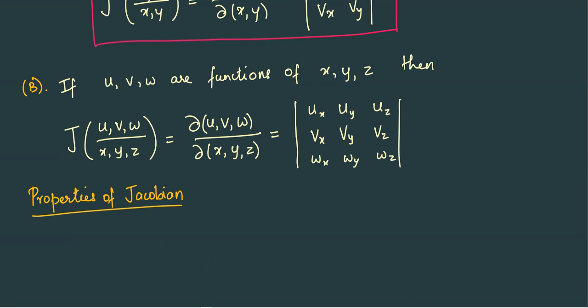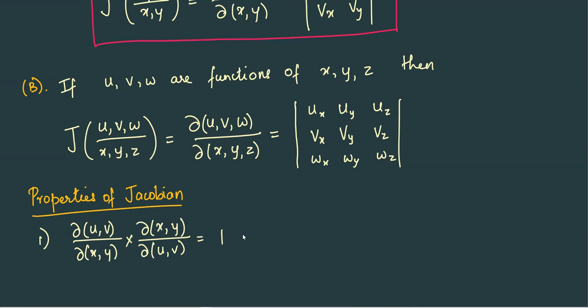Properties of Jacobian. We have the Jacobian of u comma v with respect to x comma y times the Jacobian of x comma y with respect to u comma v is equal to 1.